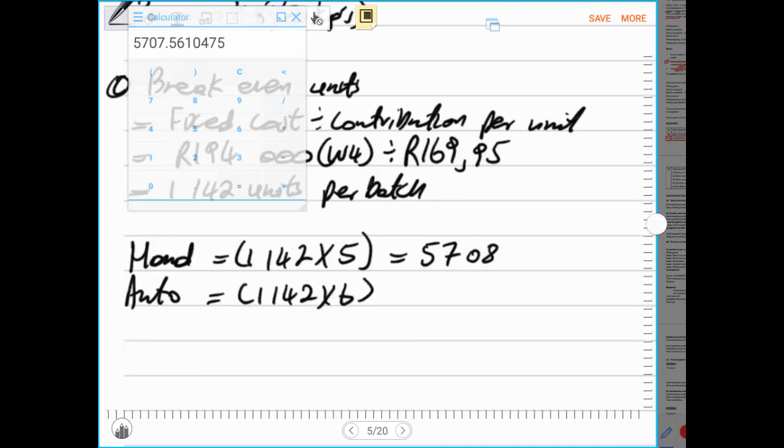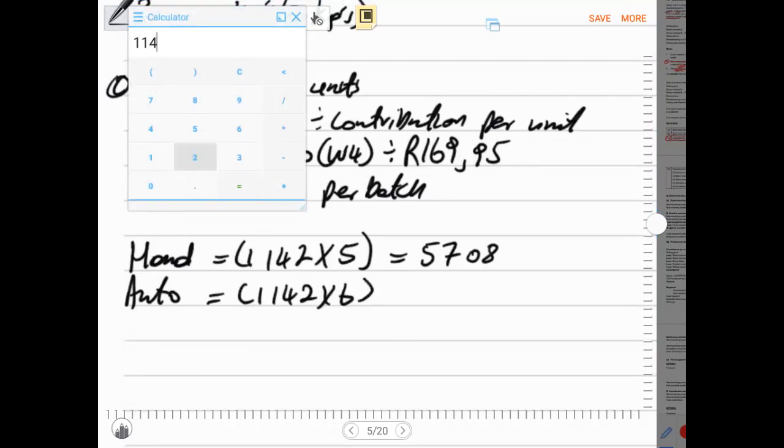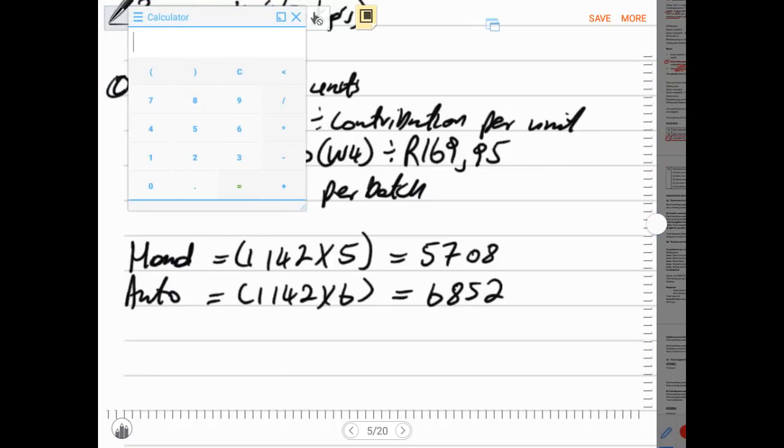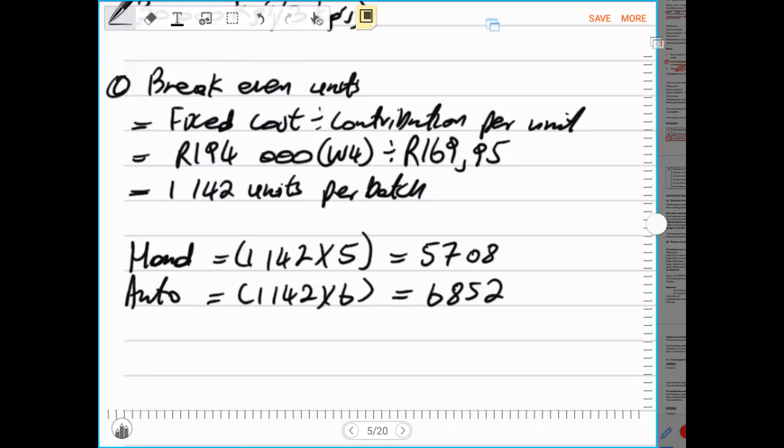Then for auto washing powder, it will be 1,142 times 6, which gives us 6,852 units. So now we have calculated the units that the company must manufacture in order to be at the break-even point for both products.